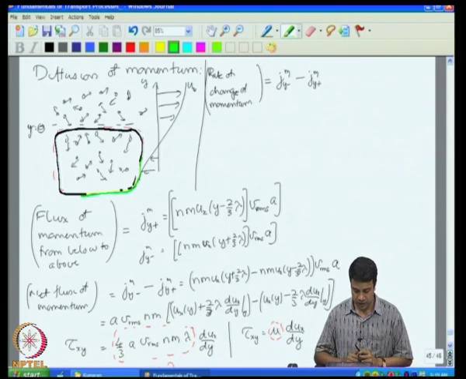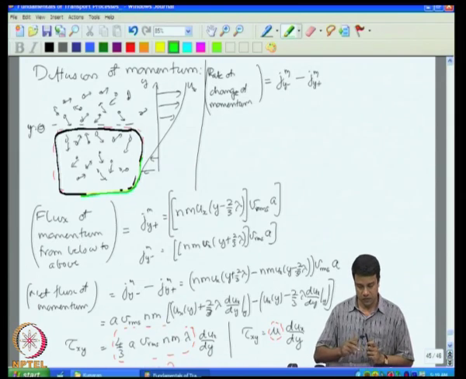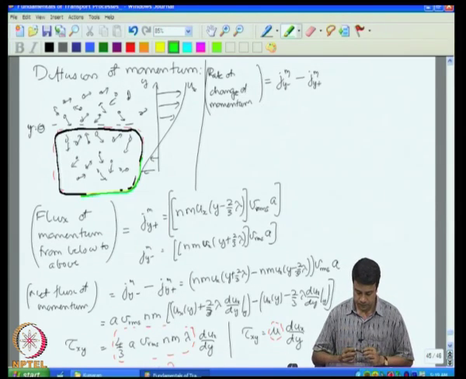So, on average there is a net momentum increase of this volume of fluid, because faster moving molecules are coming downwards, slower moving molecules are going upwards. Therefore, there can be a transport of momentum only when there is a gradient in the mean velocity.